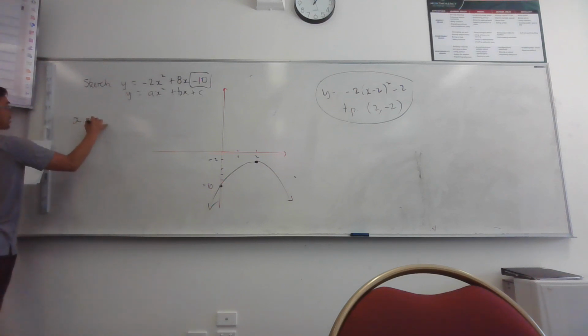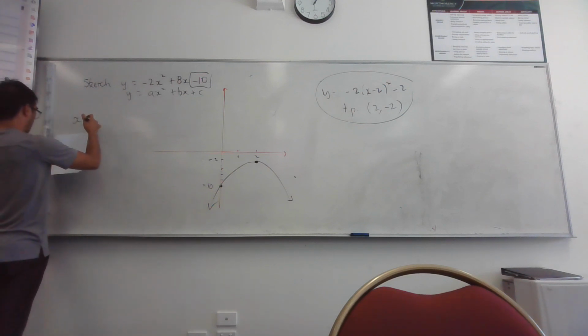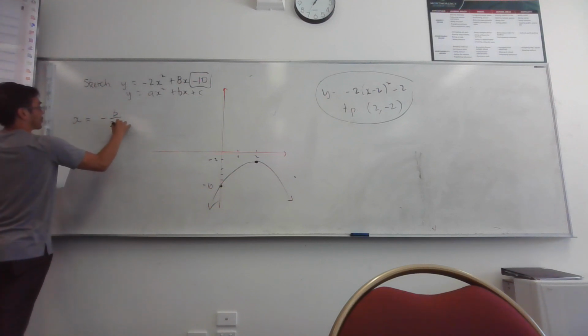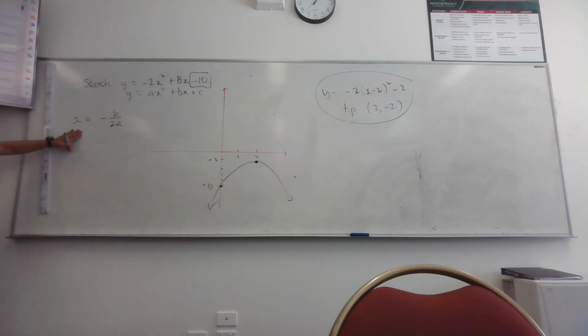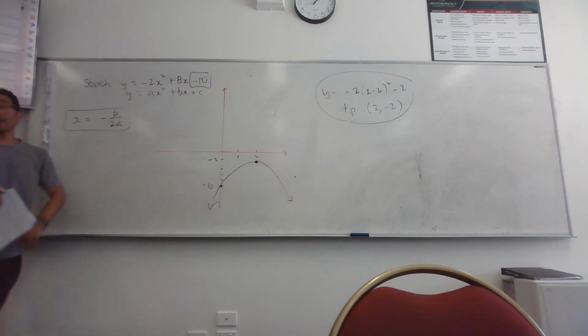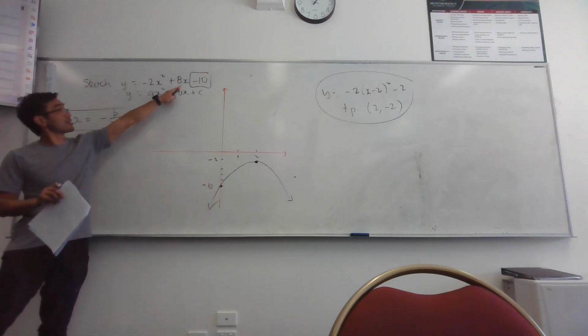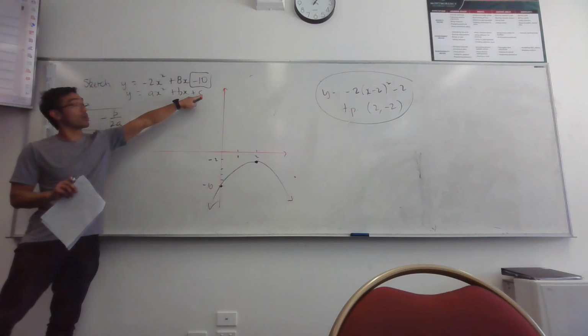So if you want to get the turning point, let's do it this way. Everything is expanded out, and we allocate: the x squared has the a, the x has the b, and the c is the y-intercept.